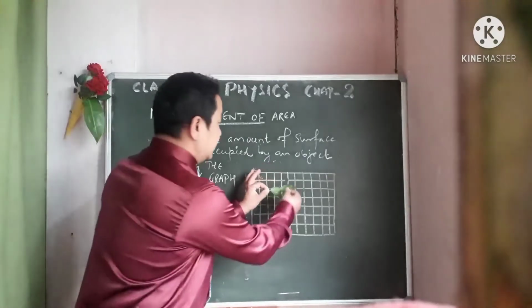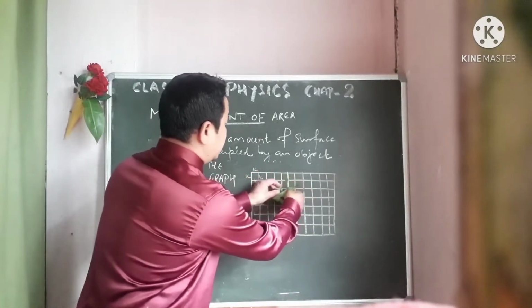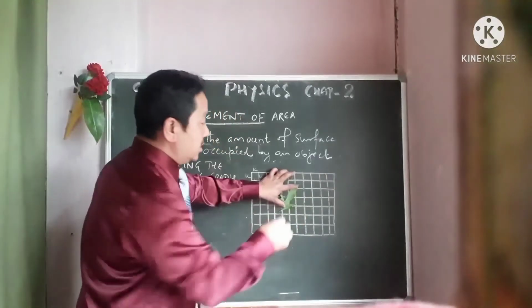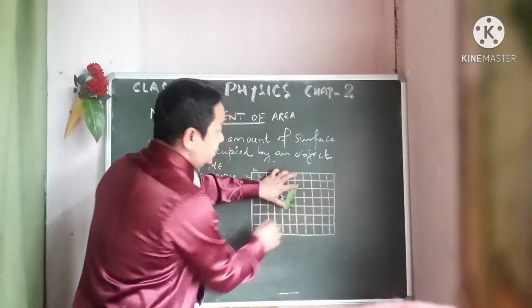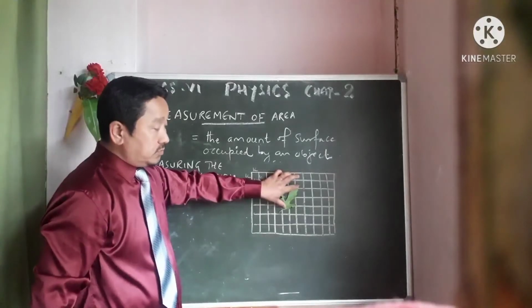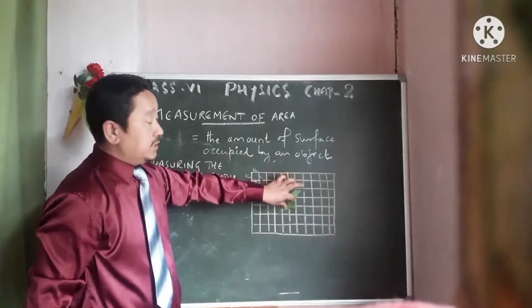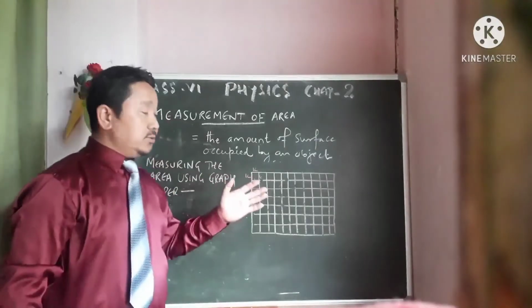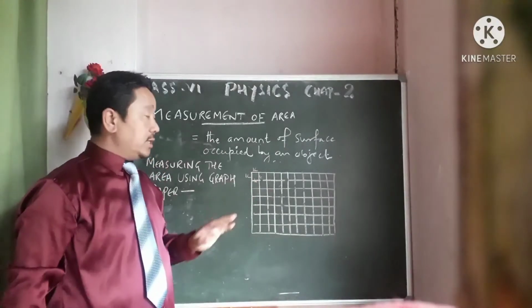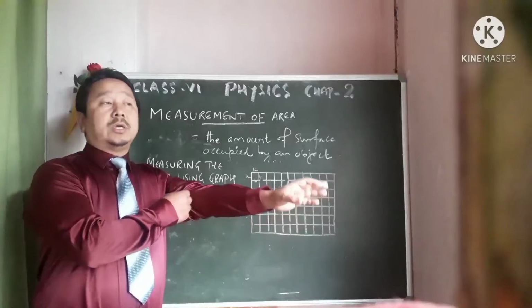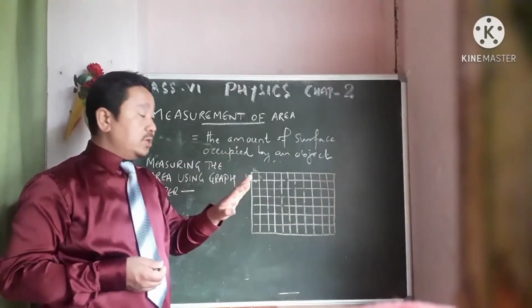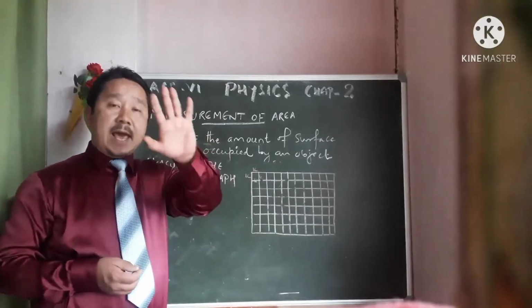You'll have to trace it here like this, and with the help of a pencil, you'll have to take the outline of this leaf. Then after that, there is a method. Using the same method here, I am going to measure the area of my hand.